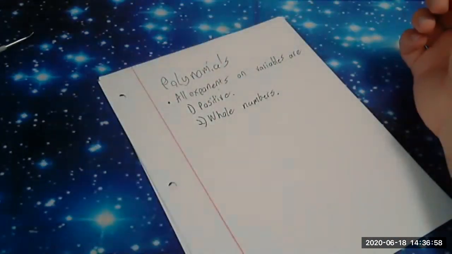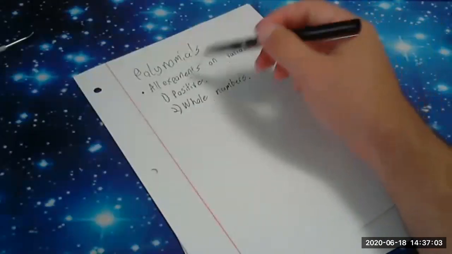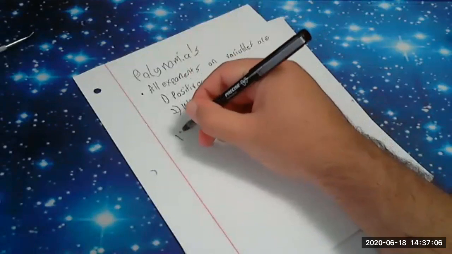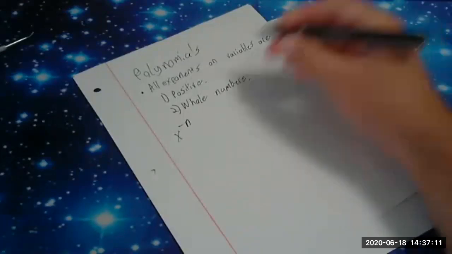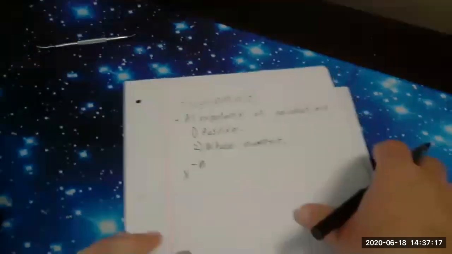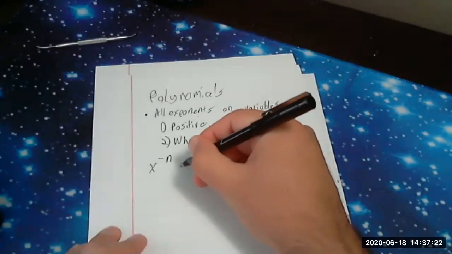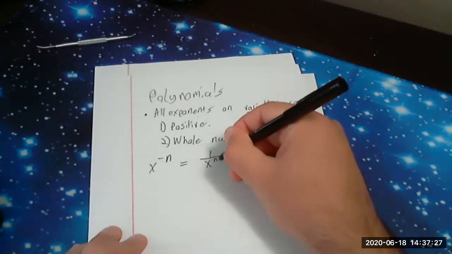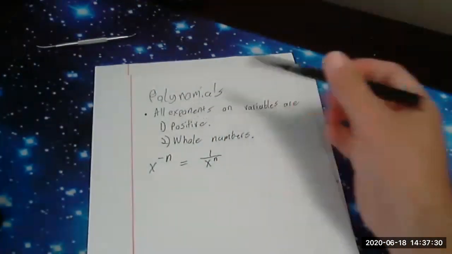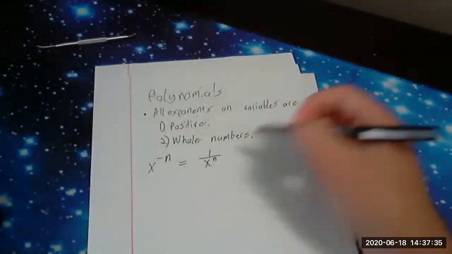But given what we talked about before, a negative exponent, so x to the negative n, X to the negative n is 1 over x to the n. So that first one means that you're not dividing by any variables. Okay.